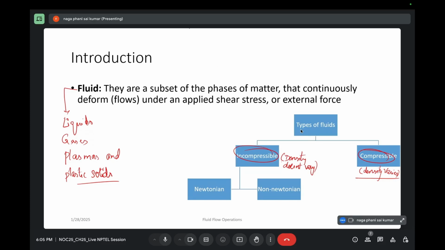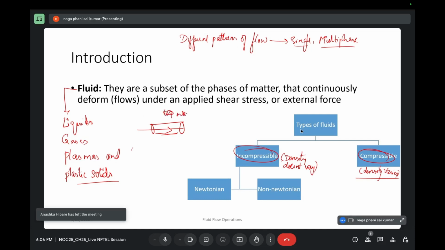Also we have different patterns of flow. We have single-phase flow and multi-phase flow. Single-phase flow is nothing but, for example, flow of water in a pipe, where there is only one phase in the fluid stream. In multi-phase flow it is a combination, where two different phases flow together, like flow of water and oil in a pipeline.